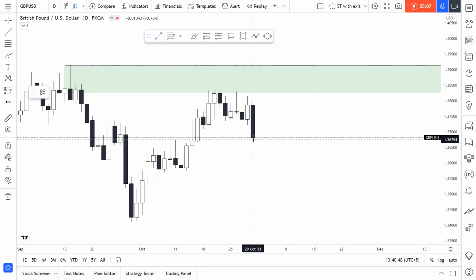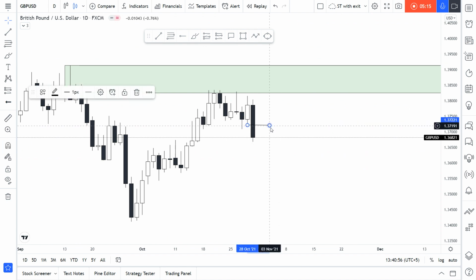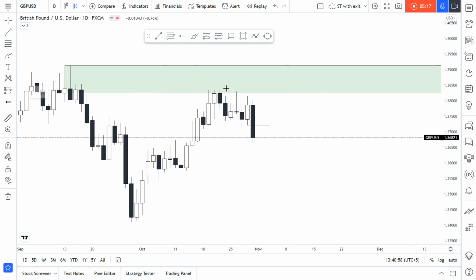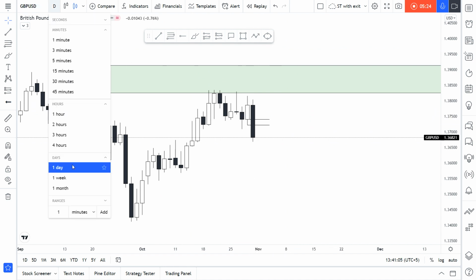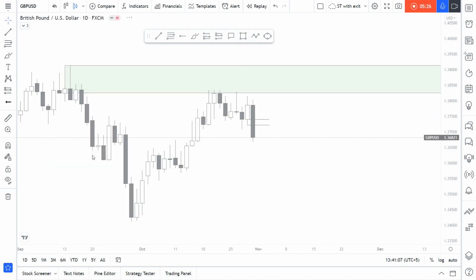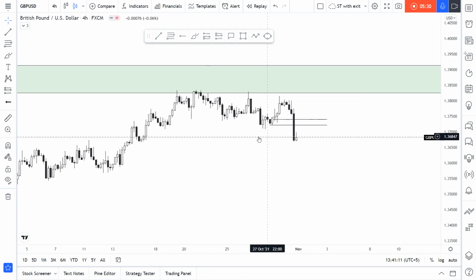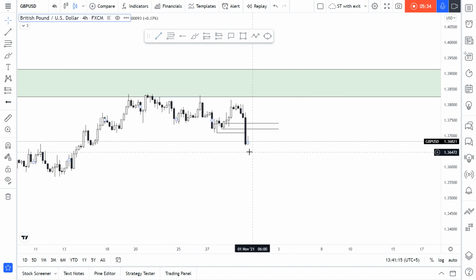So actually we might retest this body, or the opening, the minimum of the previous day. This might be our point of interest where we're going to look for sells. Okay, going to the 4 hour, we can see a clear breakdown to the downside.